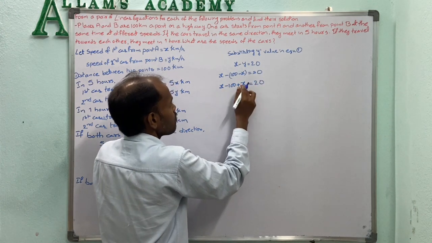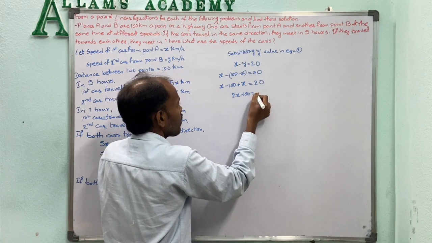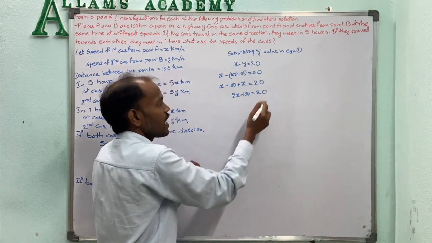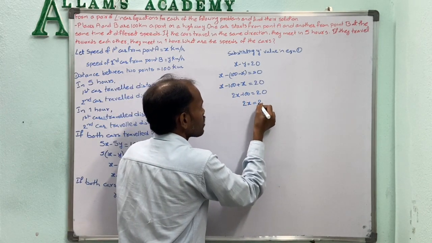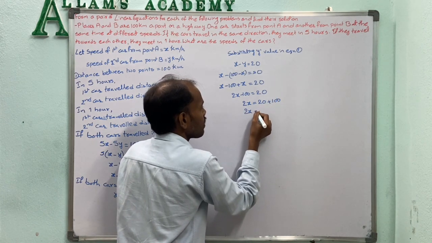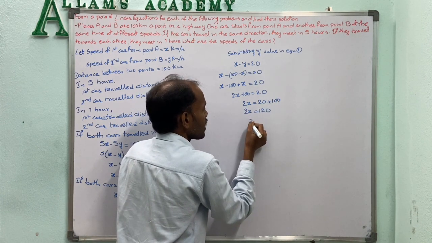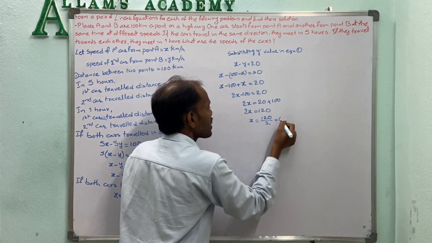20. x plus x is 2x, so 2x minus 100 equals 20. Transferring minus 100 to that side, it is plus 100: 100 plus 20 is 120, so 2x equals 120, then x equals 120 by 2, that is 60.